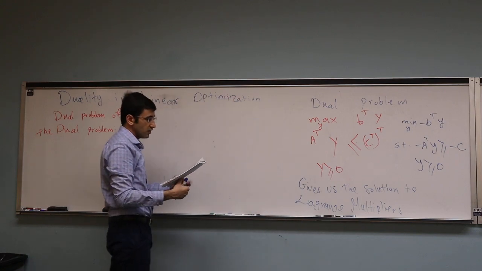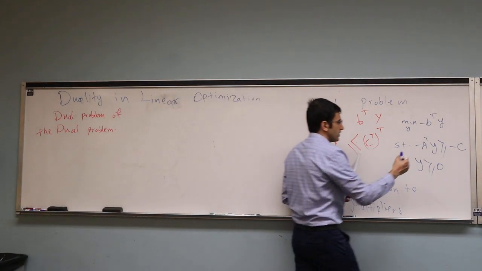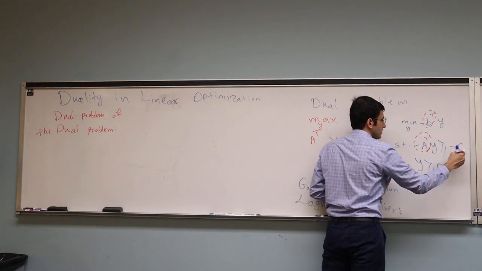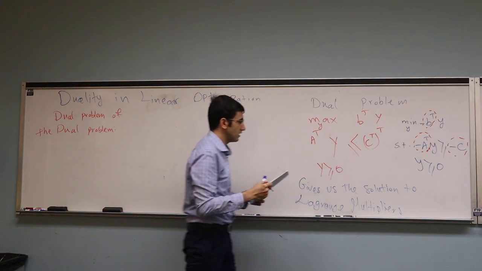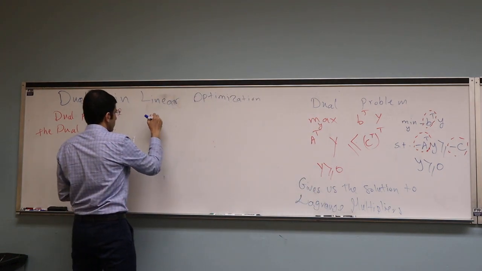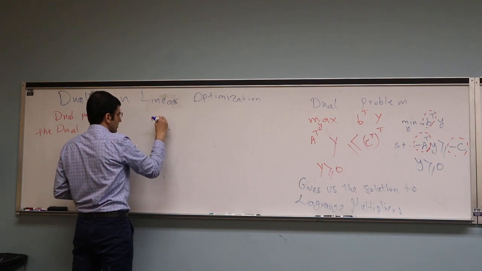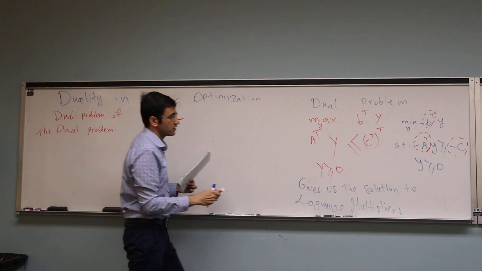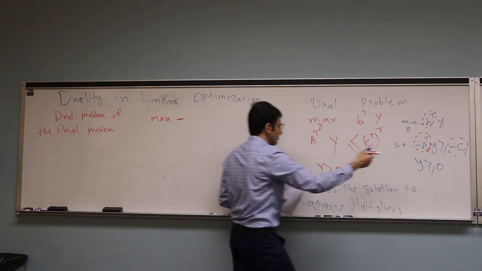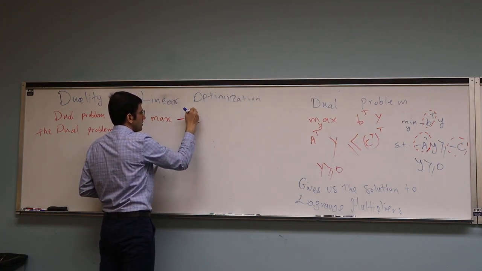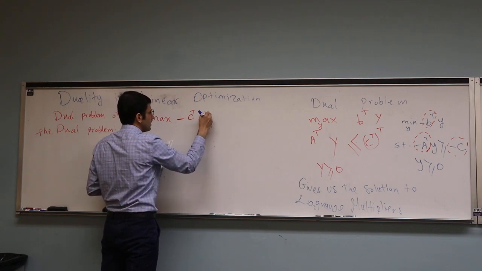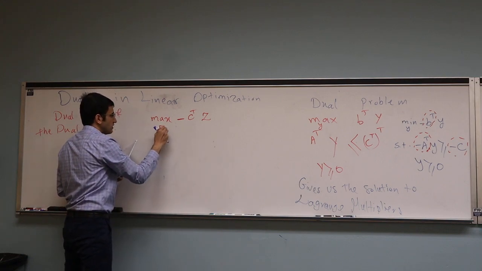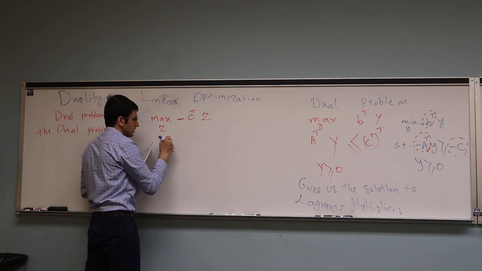Now we want to find the dual of the dual problem. If you recall from the previous step, you have to find the transpose of these elements. So it will be maximizing minus, so we transpose this and bring it to the objective function, C transpose, let's say Z. So we have X, Y, and Z. We want to find the values of these, subject to.